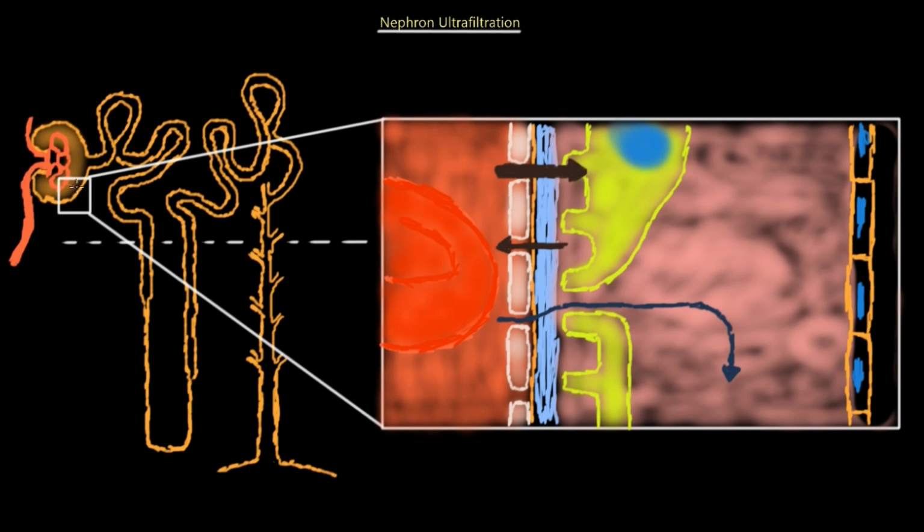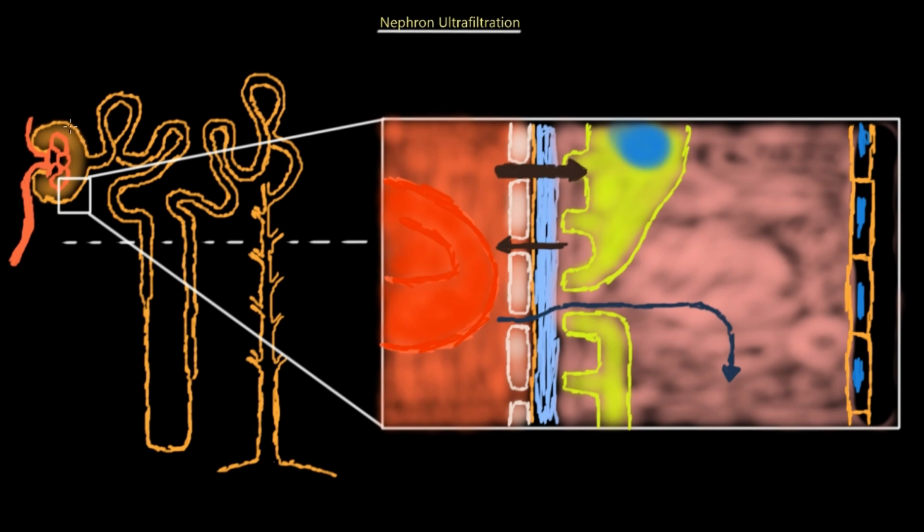The Bowman's capsule is the part that surrounds the capillaries, and we talked about the anatomy of the nephron in the previous lecture, so you should definitely go check that one out first before we proceed with this video. However, if you have gone through it, then you know exactly what's happening here, because we have the afferent arteriole coming into the nephron that is going to then pull inside of this Bowman's capsule.